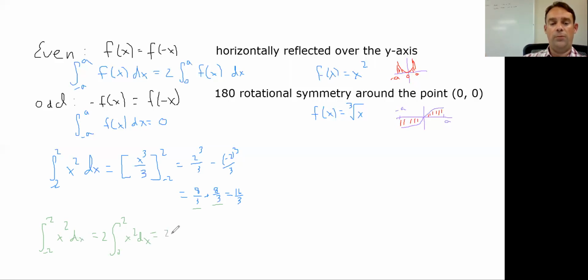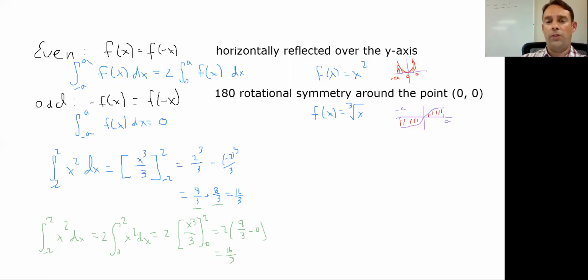So 2 times the antiderivative x cubed over 3 from 0 to 2: 2 times 8/3 minus 0, and you end up with 16/3. Just a little illustration of how that works with even functions.